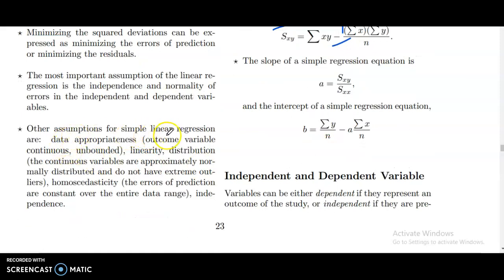Other assumptions for simple linear regression are data appropriateness: the outcome variable is continuous and unbounded; linearity; distribution: the continuous variables are approximately normally distributed and do not have extreme outliers; homoscedasticity: the errors of prediction are constant over the entire data range; and independence.